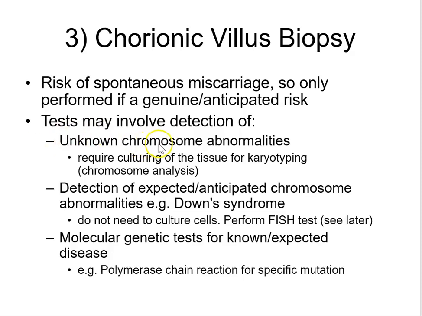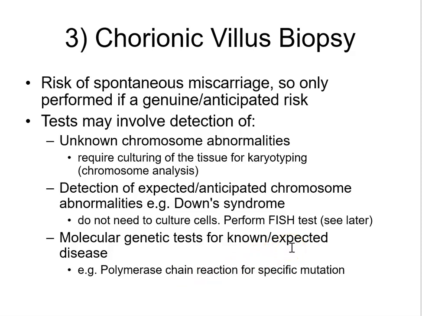If it appears that the fetus is not developing properly, then we can look for unknown chromosome abnormalities. So we can karyotype the fetus's entire chromosomal constitution. We call that karyotyping, and we can see a full set of chromosomes of the fetus, which may flag up something. And we can perform molecular genetic tests, usually for known or expected diseases.